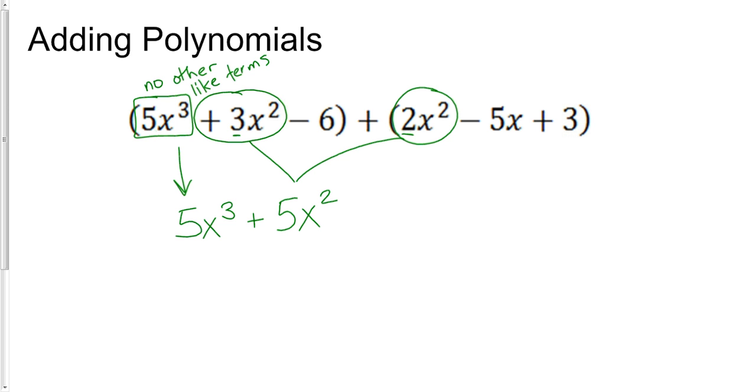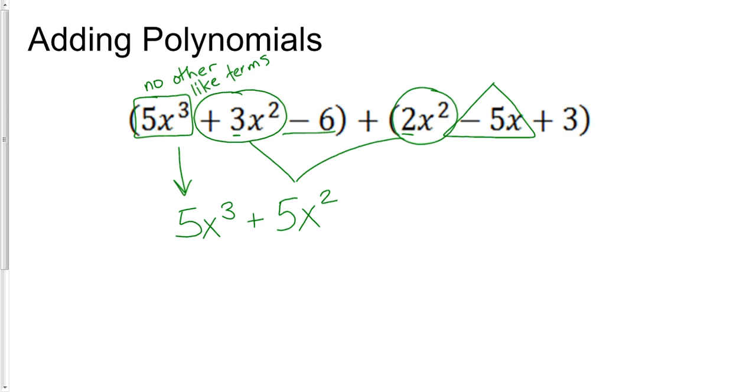Okay. When we do these problems, we want to keep our polynomials in terms of greatest exponent to least exponent. So we've got a 5x to the third, a 5x squared. Now we're going to look and see if we have any x's. So I've got a negative 6 here. I don't want to deal with that yet. Look over here, and I've got a negative 5x.